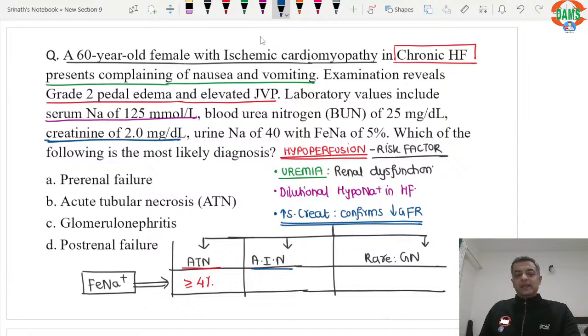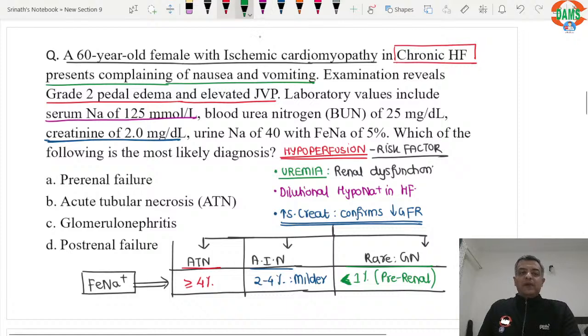In interstitial nephritis, it is mild, 2 to 4%. It is relatively milder, but rarely in GN, it can be preserved, less than 1%. It can be preserved less than 4%, which mimics pre-renal also, which can come in pre-renal also.